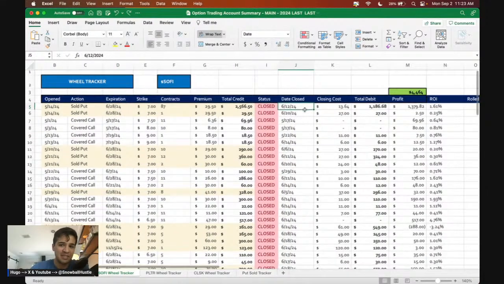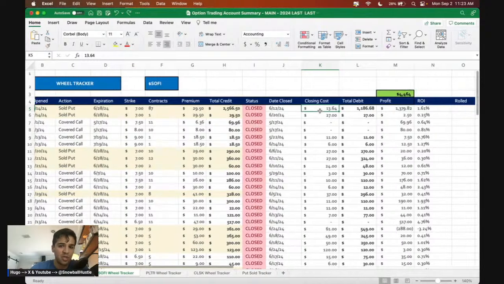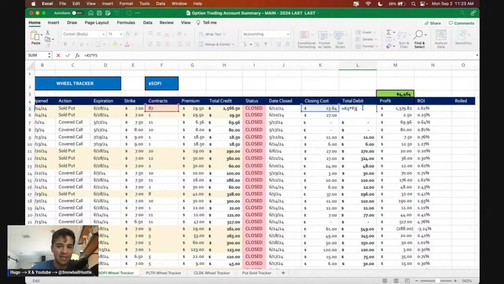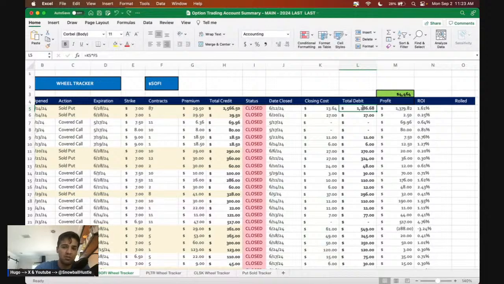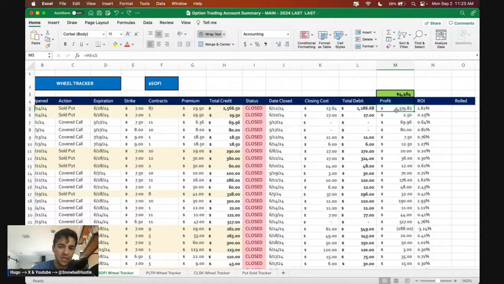For whatever reason, I decided to close the option early, and my closing cost was $13.64 per contract. That's what they were trading for. So that means I had to pay back $1,186. I'm taking my closing cost times the contracts. Again, this is all a formula. You just input the numbers and that's it. And it gives you a profit. So my profit for this particular trade was $1,380 in about a month.